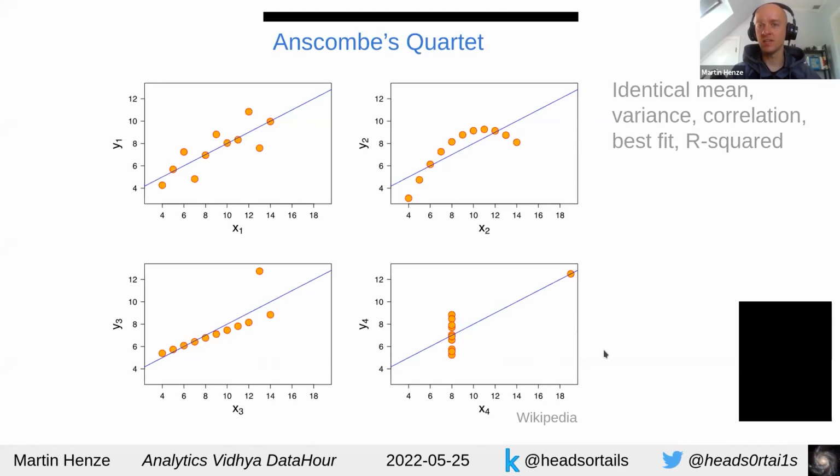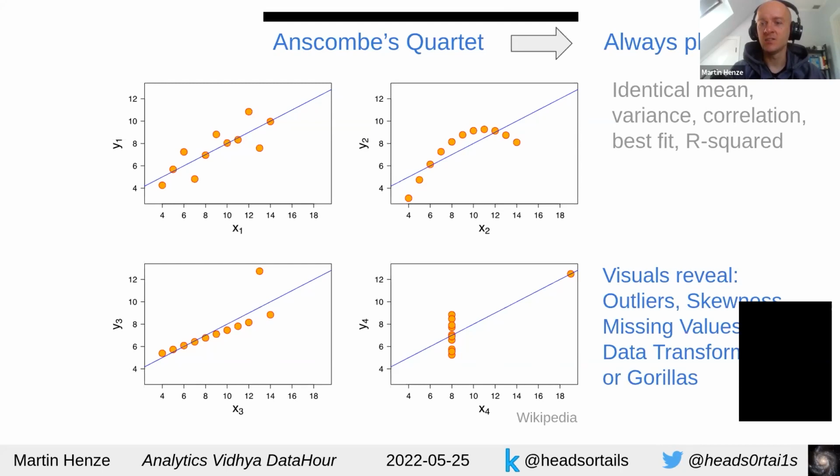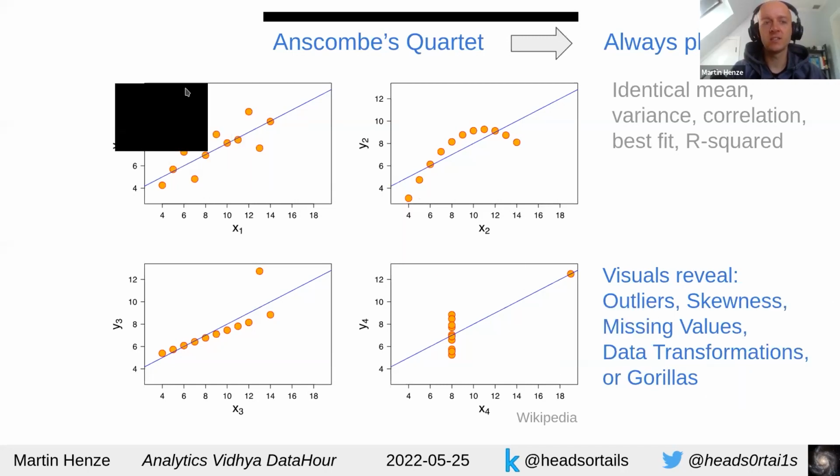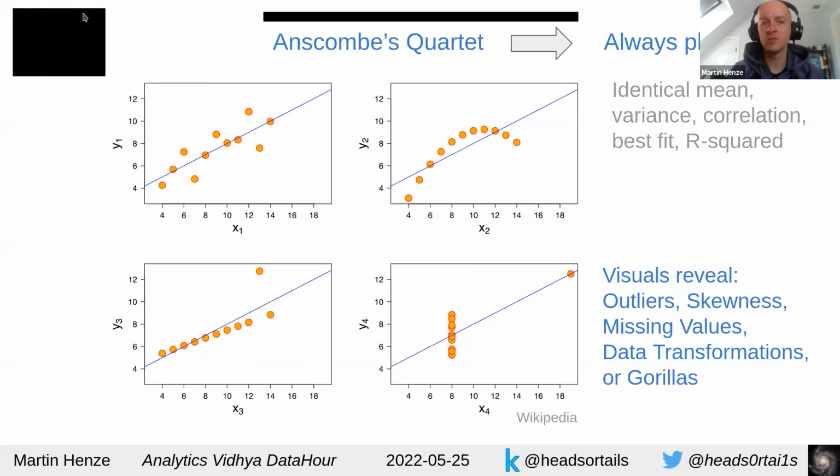So one important thing when it comes to these kinds of validations and examinations is to always plot your data, right? Always plot your data, because that will allow you to reveal outliers, skewness, missing values, data transformations, all of this, and also gorillas.